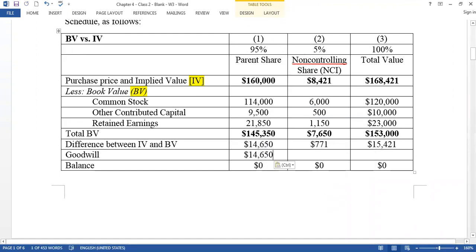But another question may be opposite. If the difference is negative and you want to make it 0, make it positive. So we make it 0, right? Now we don't have any difference. Before, we found a difference, and the question said that we have to allocate this difference to goodwill. We allocate it, and now the difference is 0.